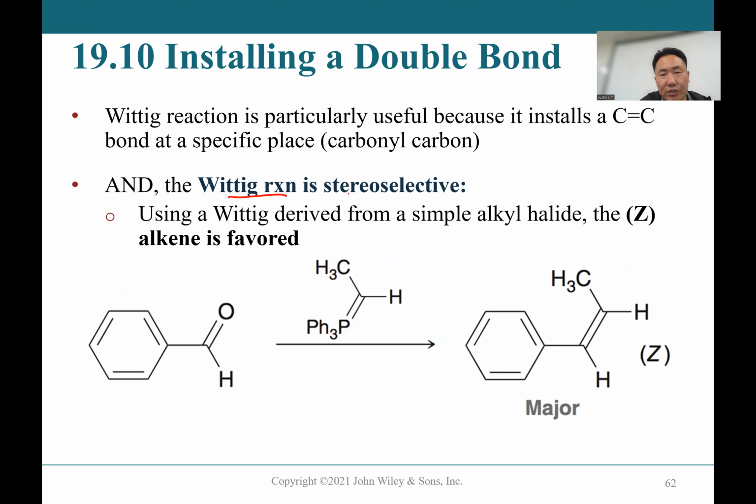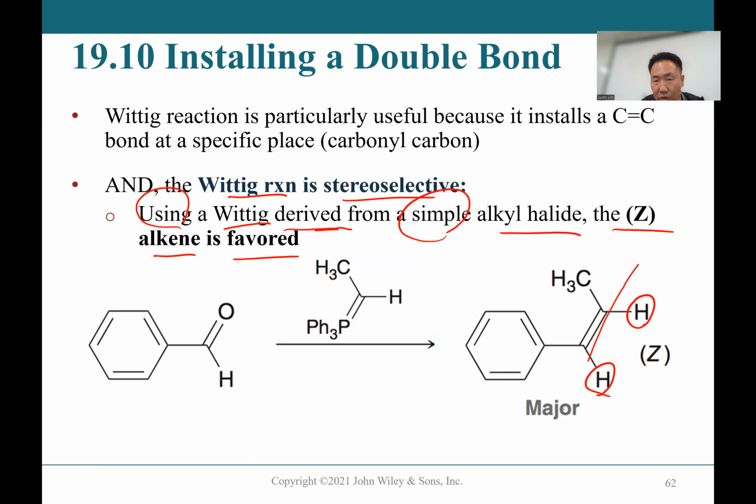The Wittig reaction is stereoselective, using a Wittig reagent derived from a simple alkyl halide. The Z alkene is favored. So now you can see the same direction for the 2 hydrogens, that's Z formation.